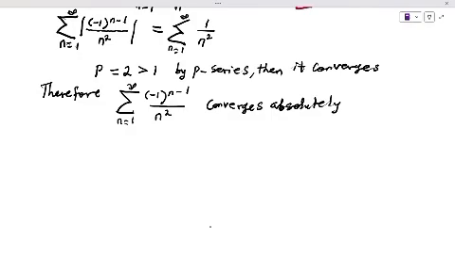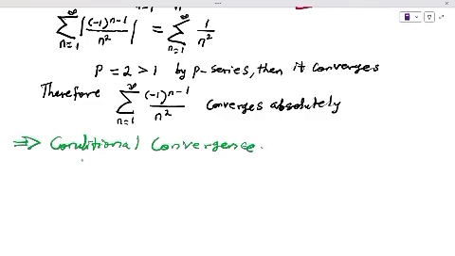Let me use another ink, green this time, just to differentiate what we are looking at. So I have my conditional convergence.